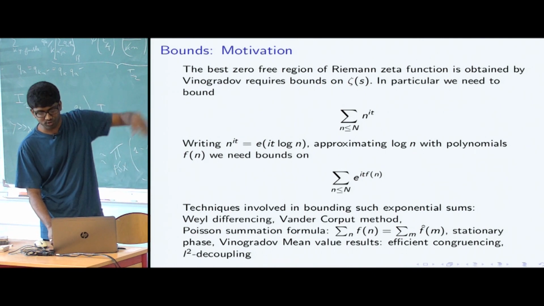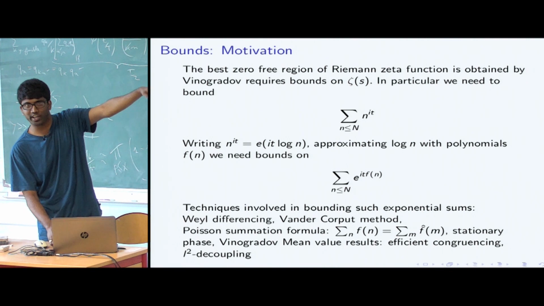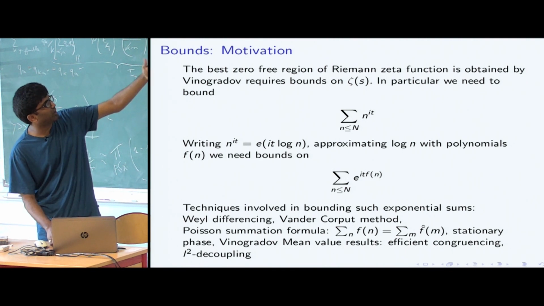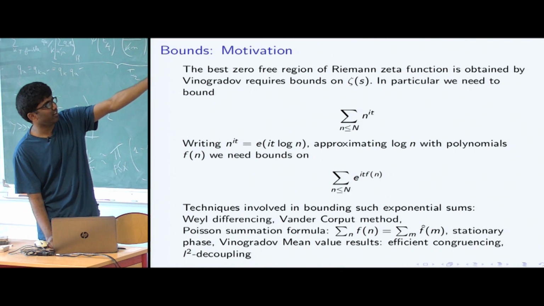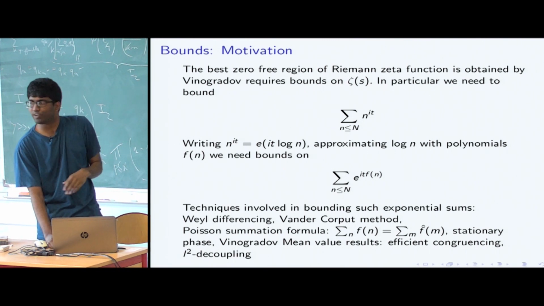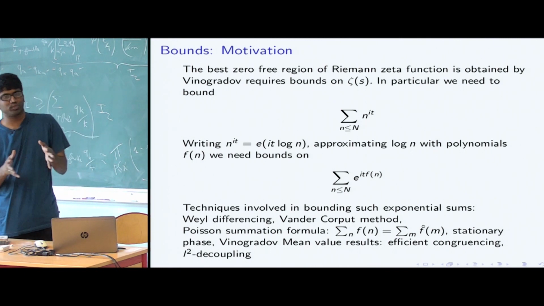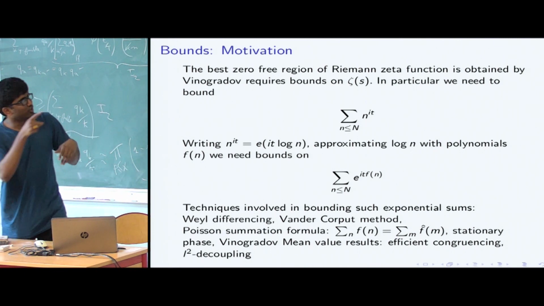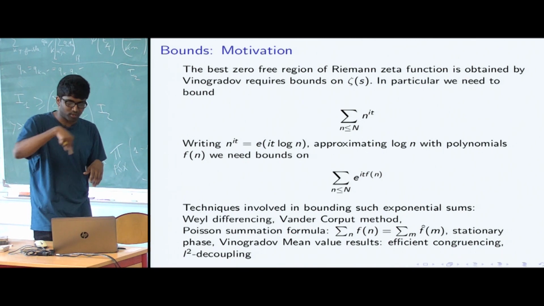So how do you get bounds on these kinds of expressions? n to the it is exponential of it log n. So if you approximate log n with some polynomial f(n), then exponential of it log n is like exponential of f(n). So you want to understand sums of e to the it f(n). These are what are called exponential sums. As n varies, these are like some points on the circle.